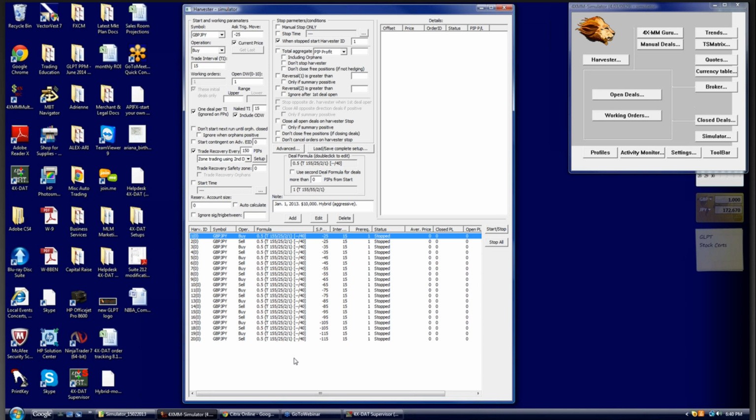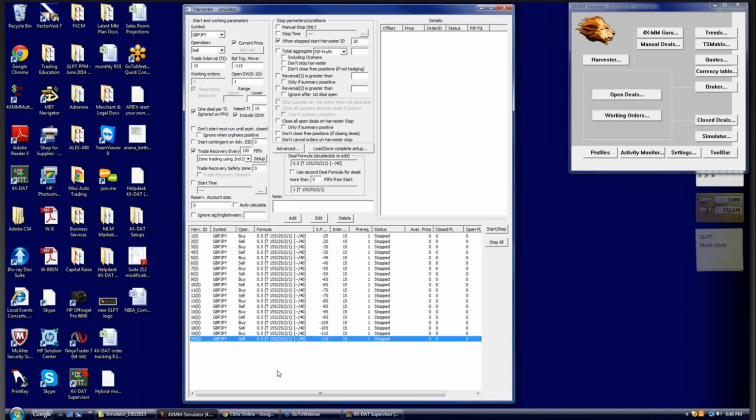It trades by running automated mathematical algorithms that we call harvesters. As you can tell right here at the bottom part of the harvester window, the open space is populated with 20 different lines. Each one of them has an ID number, and this is what we call harvester 1, harvester 2, and so on, all the way to harvester 20.